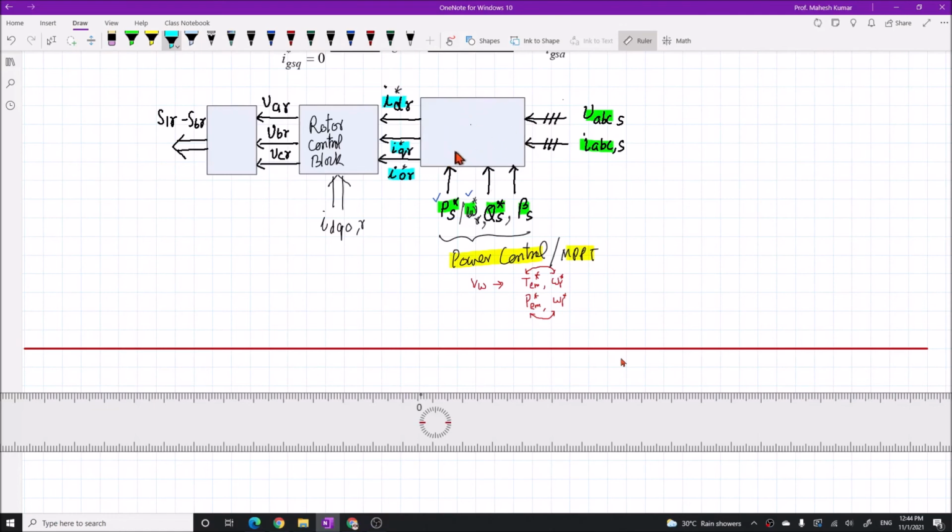If you are doing research in this area, you can go through what is inside this. We basically convert first into the IS AVC, then ID AVC, and then we correlate the ID AVC to IDR, IQR and I0R. So we can say this is actually stator side control if you want to write.